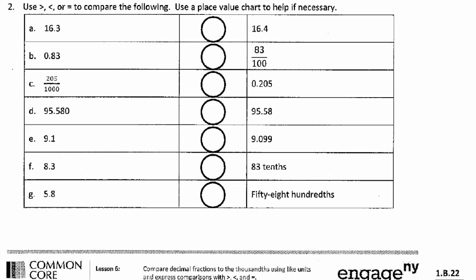When I have a situation like this, right here, what should I probably do with that number? Turn it into a decimal. So if I have 83 over 100, raise your hand if you can tell me what that looks like. 0.83?